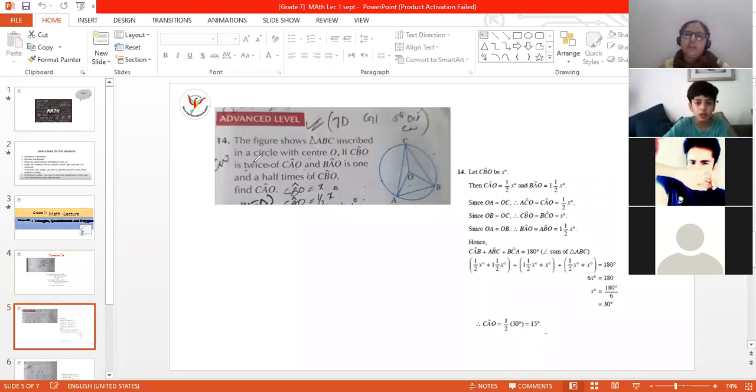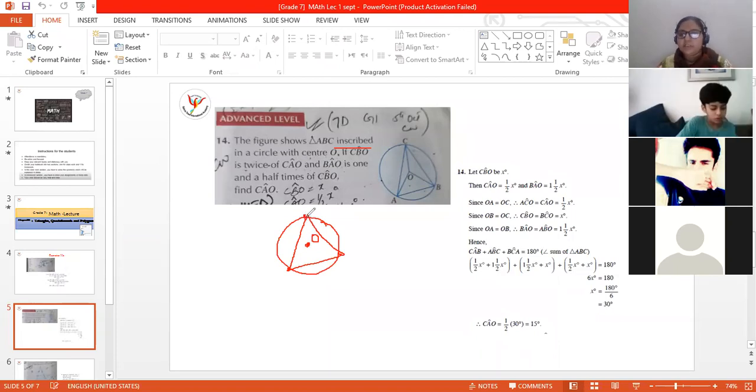The figure shows triangle ABC inscribed in a circle with center O. But what does it mean, inscribed? Inscribed means, first of all, if there is a circle and there is a triangle inside the circle, where the triangle corners are touching the circle and the radius is the same, it means that the triangle is inscribed in a circle, which may be of any name, right?